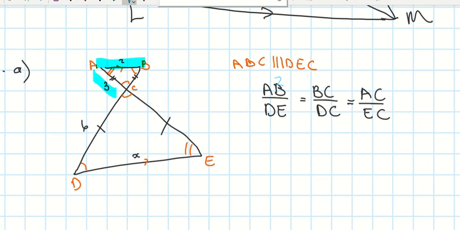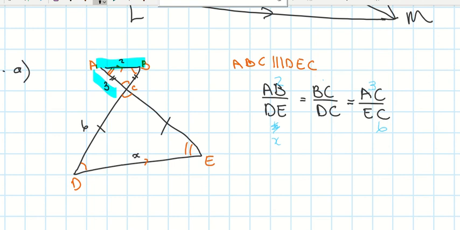Now AC is 3, and DE is 6. Oh, this is 6. And then we need to determine DE, which is x. So this value isn't really given to us.